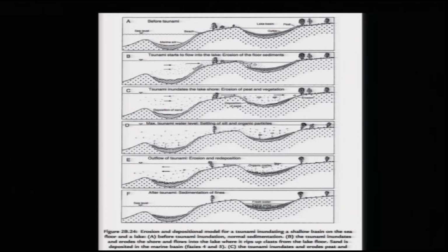Okay. So, the fossils which we find in the deposits are also a good indicator that the sediments were deposited by a tsunami, because otherwise, in the case of a storm also, the storm can carry the sediments and deposit them along the coastline.